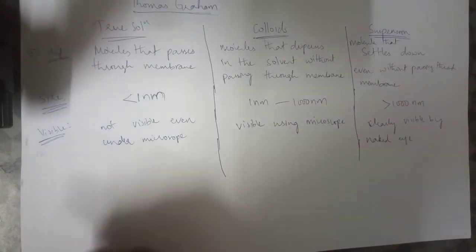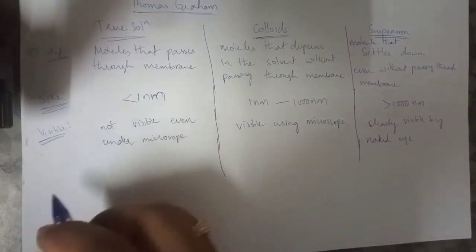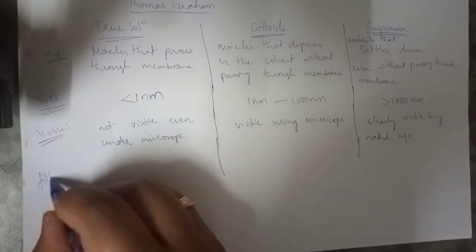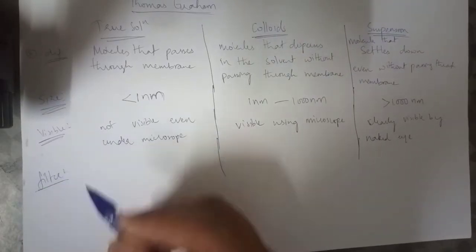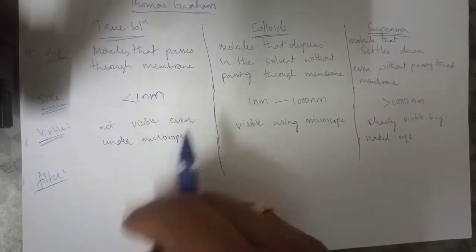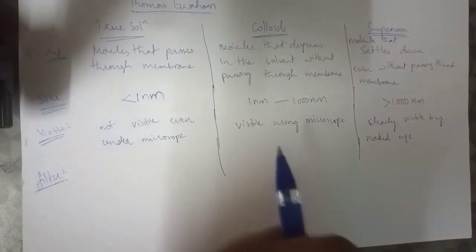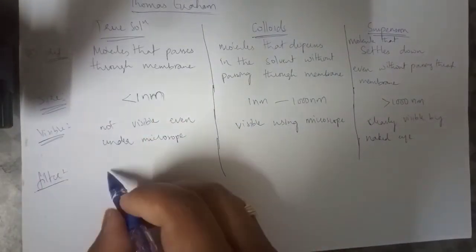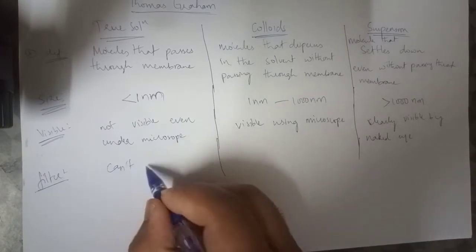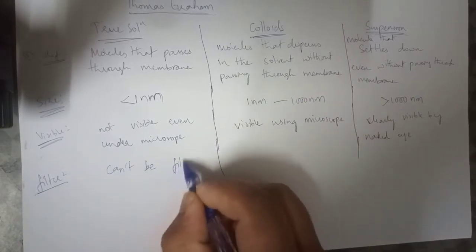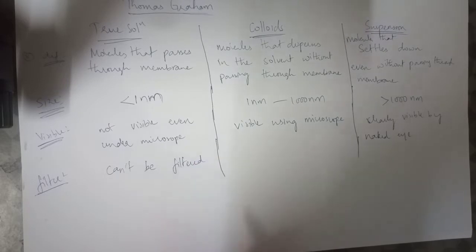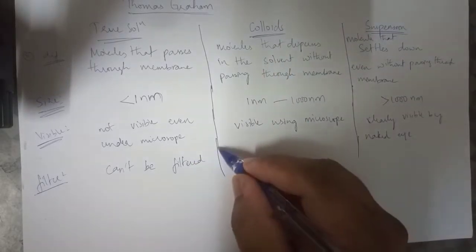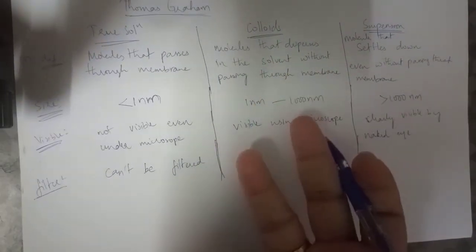Visibility, then I can talk about filtration or separation method. Okay, can you filter the true solutions? We cannot. Can it be easily? No, with the filter paper we cannot. So I can say they can't be filtered by the filter paper. Colloids, what do you say? Can they be filtered?